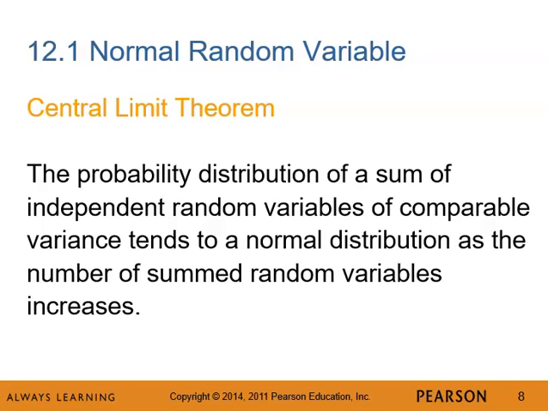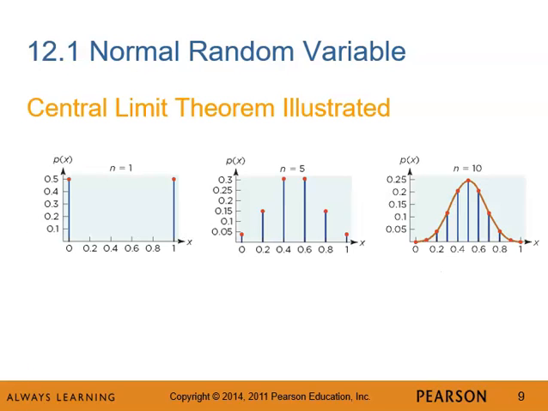In the next slide, imagine we are tossing a coin. If you toss a coin just 2 times, say we count a tail as 1, the opposite is going to be 0.